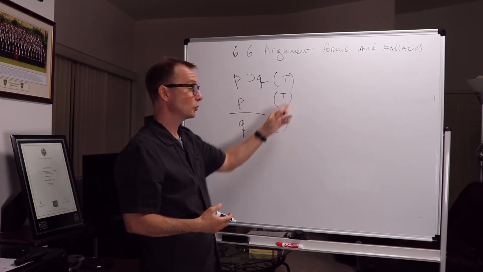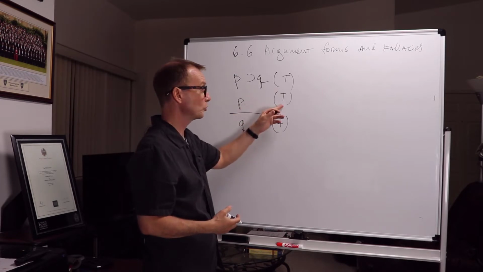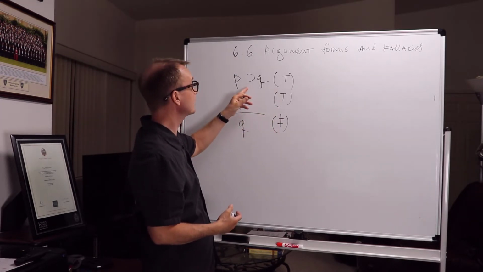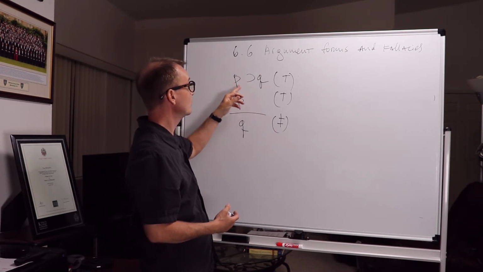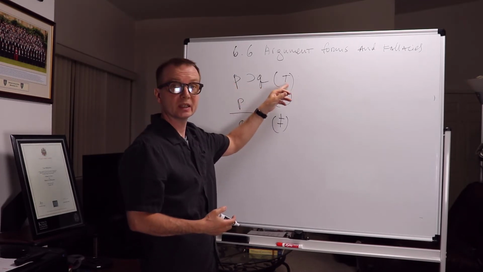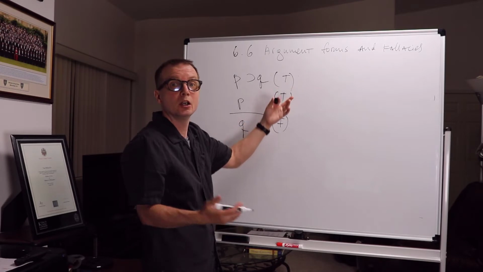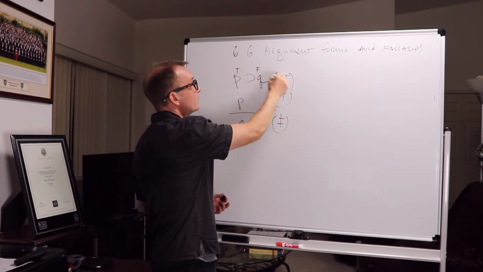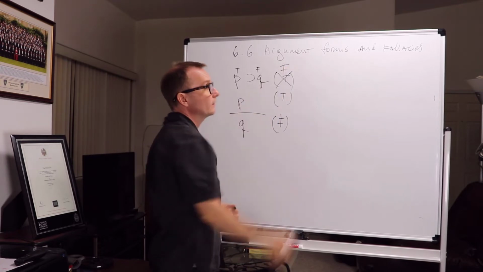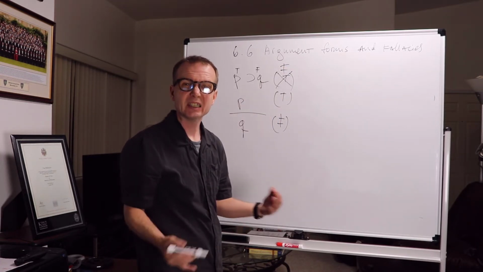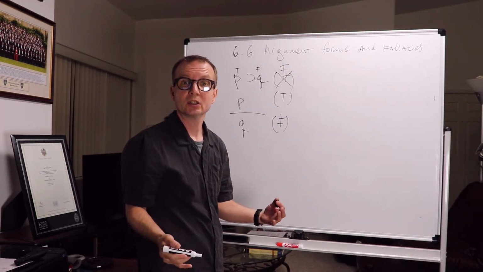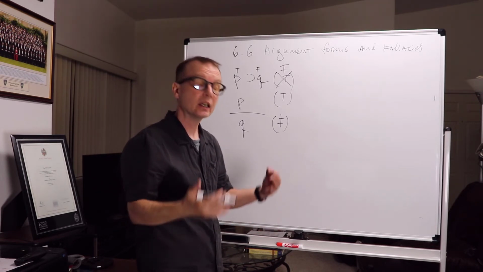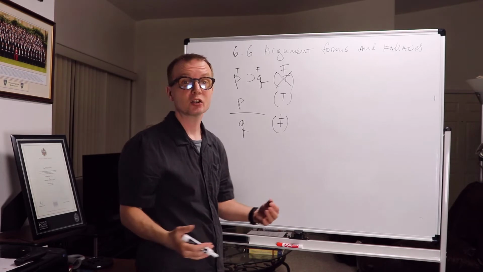In order for this to be the case, P has to be true and Q has to be false. If that is the case, is there any way you will have a true premise here? No. Because if this is true and this is false, then by definition, that would be false. So see, that doesn't work. Proving it invalid doesn't work. That means it is valid. And indeed it is a valid argument.